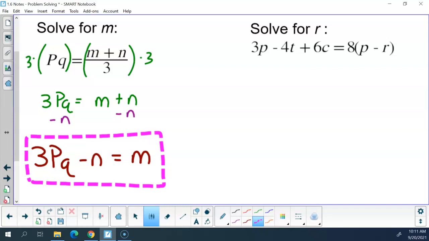Questions, comments, concerns, clarification? Okay. Now solve that second equation for R.